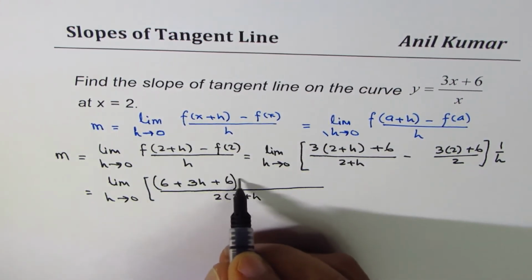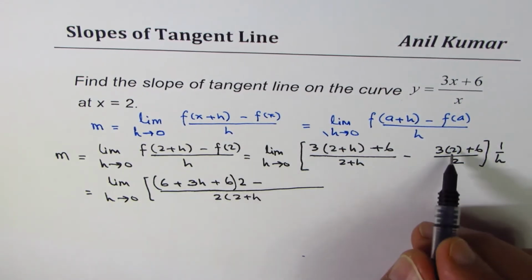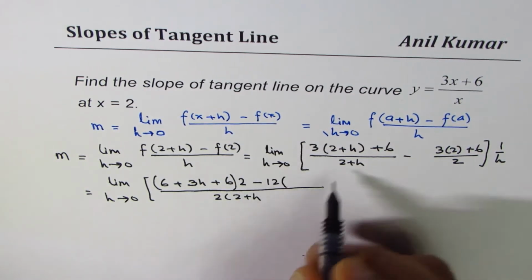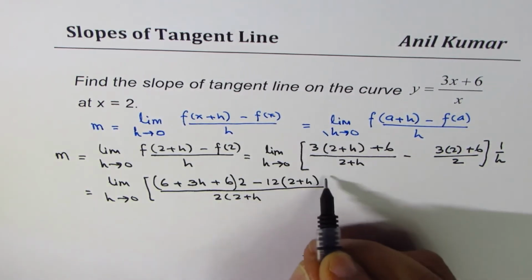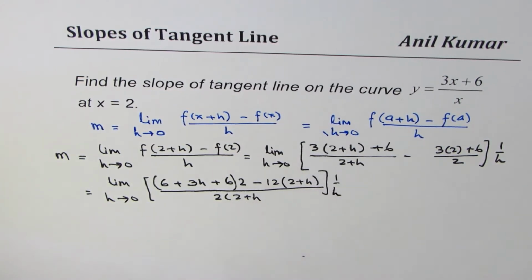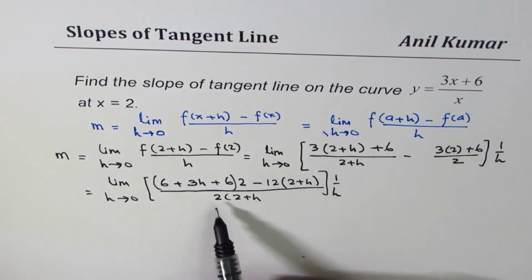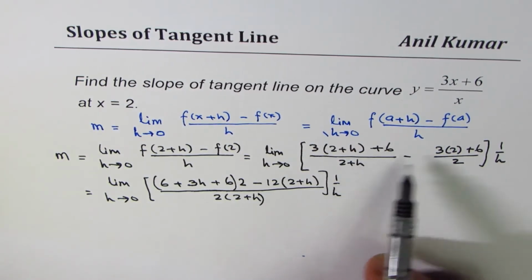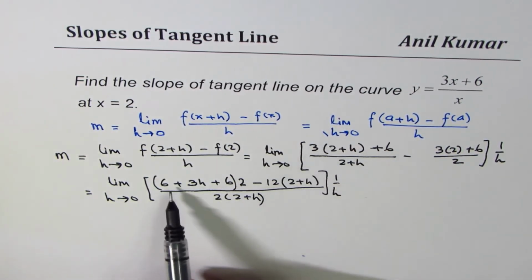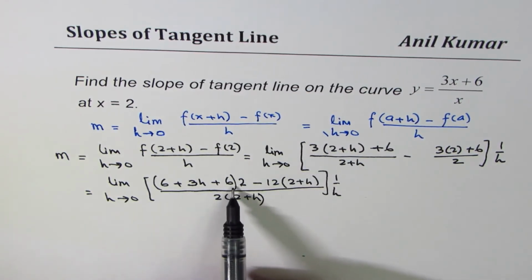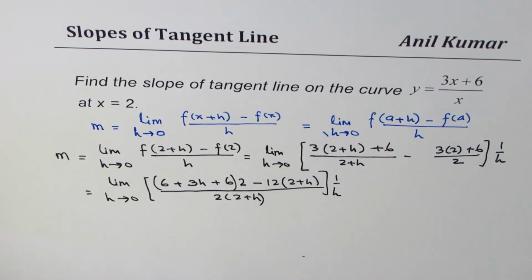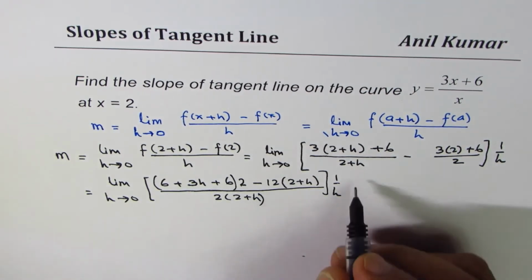So this times 2, minus, this is 6 plus 6 is 12, minus 12 times (2 + h), times 1 over h. I've kind of combined two steps here. I've taken the common denominator, which is 2 times (2 + h), and cross multiplied. So 2 times all this, open the bracket, and 6 plus 6 is 12, 12 times this. So go through it. I've skipped a step.